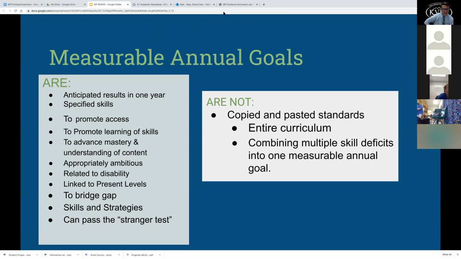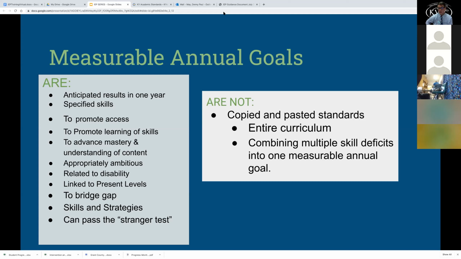They're related to the disability, linked to present levels. They're written in order to bridge the gap between where the student is currently functioning and where we expect them to be on grade level. And then the skills and strategies, and it can pass the stranger test. So in other words, if you can pass this IEP along to another district, they can pick it up and just go ahead and implement it without too much problem.